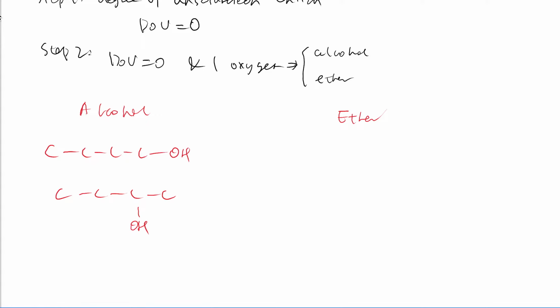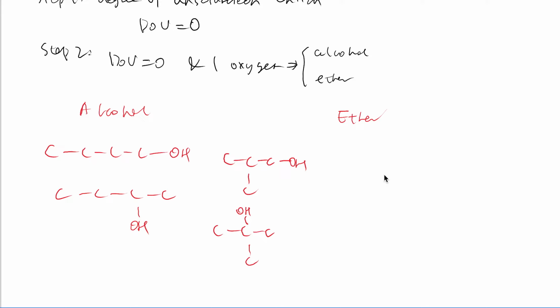Right, I think that's it for 4 carbons. And then you reduce it to 3 carbon. You can either put the alcohol group in the middle, so that's a tertiary alcohol, or you can put your alcohol at the end, that's a primary alcohol. And that's all the structural isomers for alcohol.